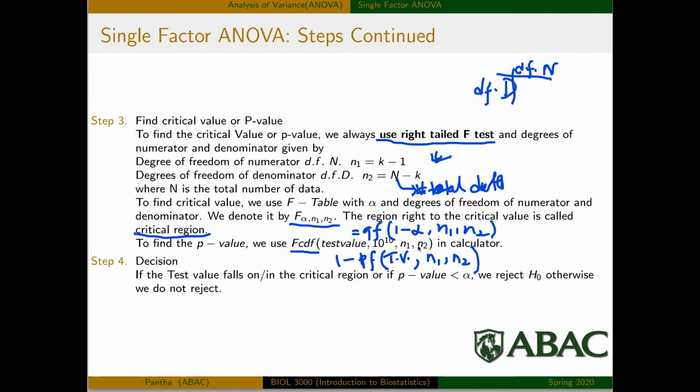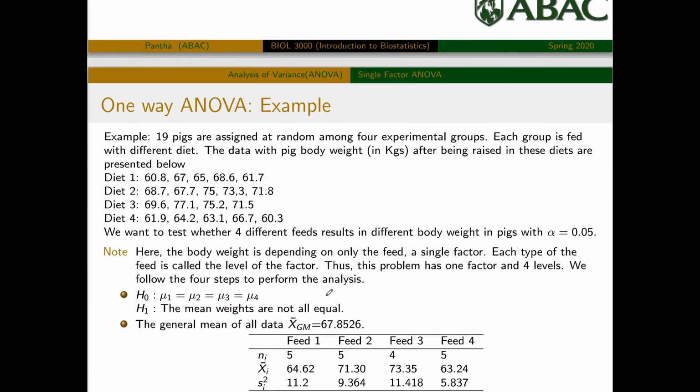That's what you do to find the p-value using R. Okay, so this is the p-value. I will show you in R as well in one example. And the last, the decision, we discussed already. Let's see one example.